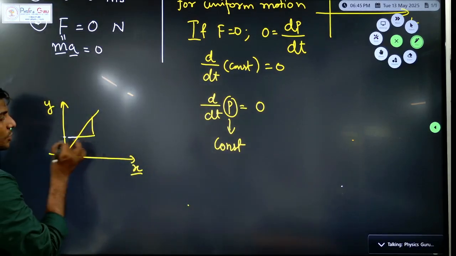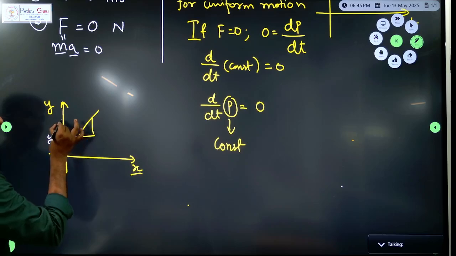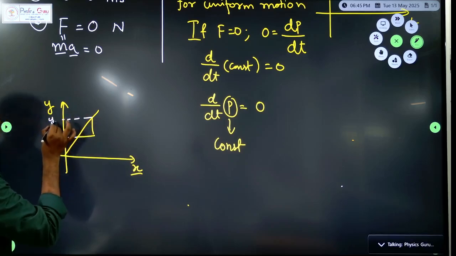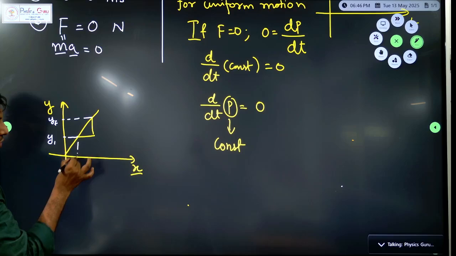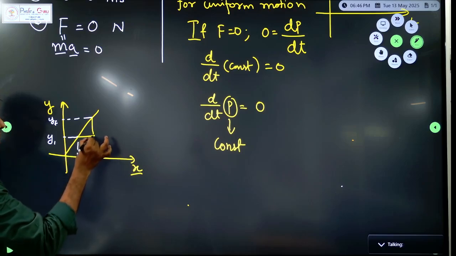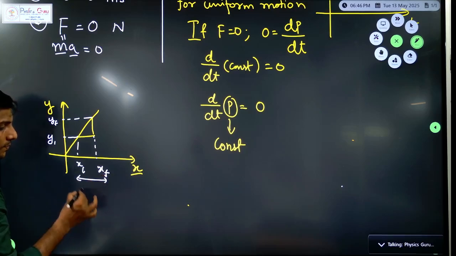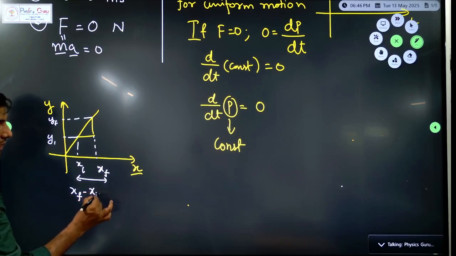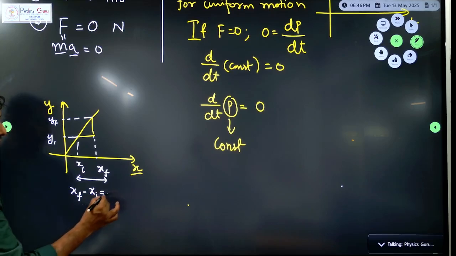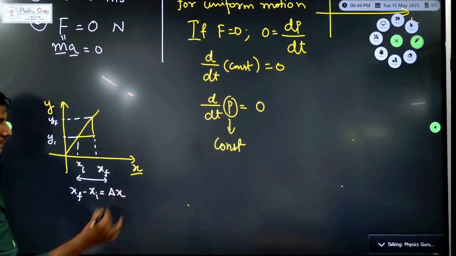This is the y initial and this is the y final, and this is the x initial and this is the x final. We call this x final minus x initial, which is nothing but change in x.